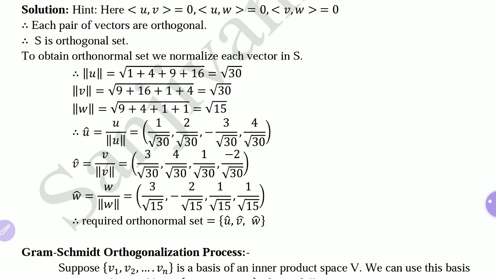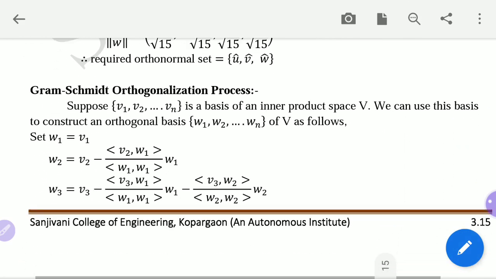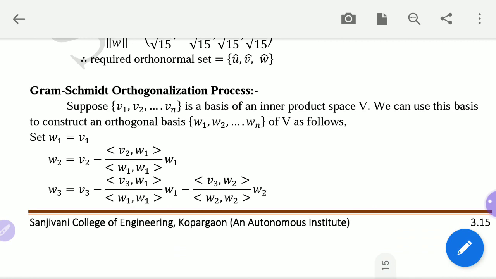Now we are going to start the discussion on the Gram-Schmidt process. The process of converting a given set of vectors to an orthonormal set is called the Gram-Schmidt process.